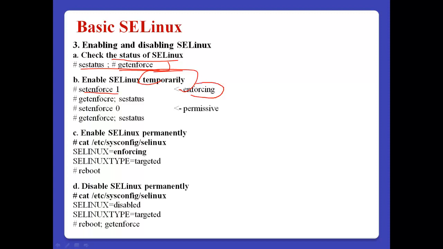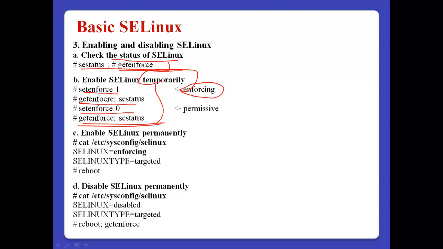Then this will change to enforcing mode. Then you can check getenforce and sestatus. If we want to change to permissive mode, then setenforce 0. Then you can check the SELinux mode using the command.